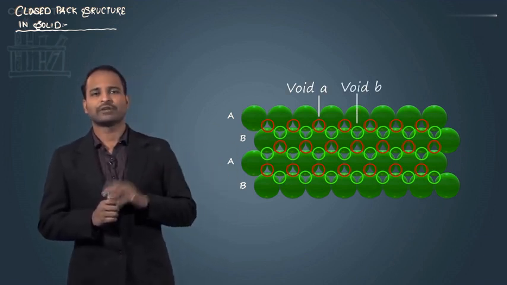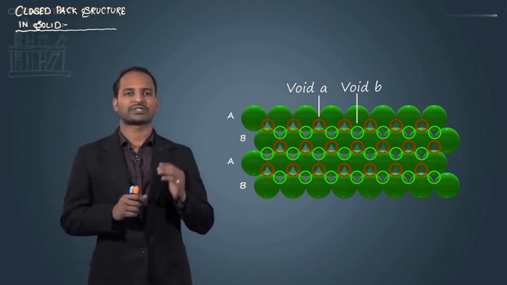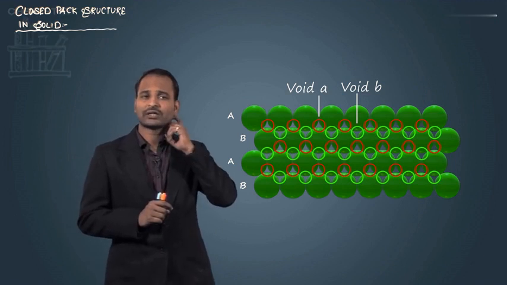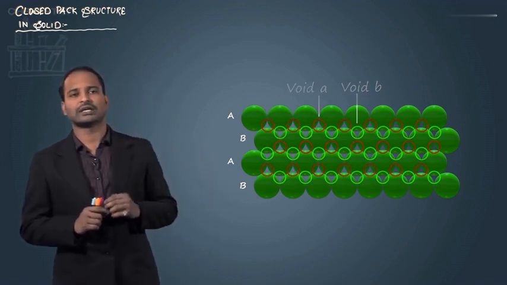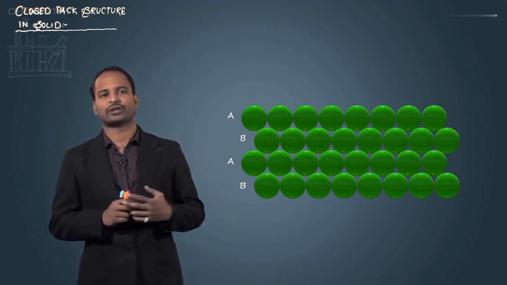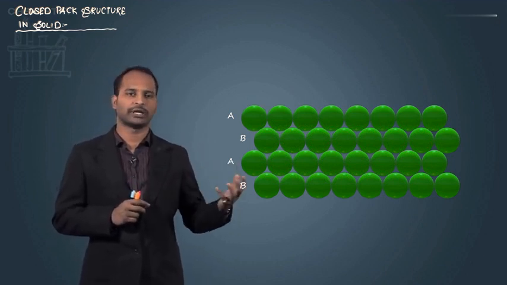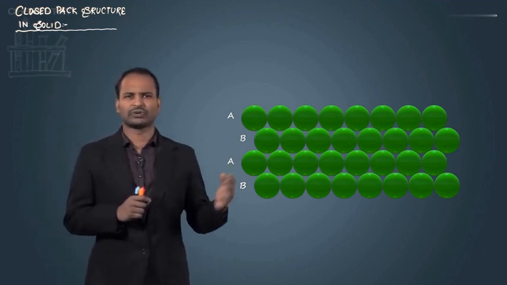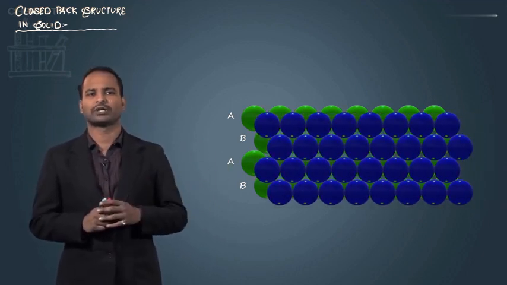All the voids pointing upward I'm calling void A, and all the voids pointing downward I'm calling void B. So ultimately we have two types of void, void A and void B, in this single layer.